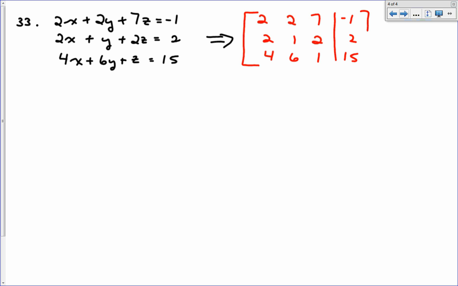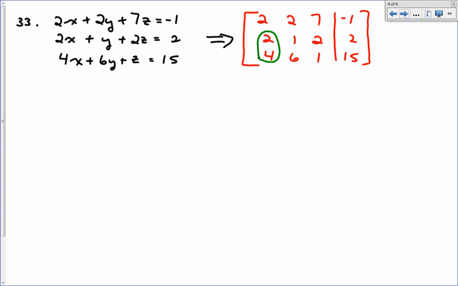Now I have 3 rows, and we work left to right. Looking at the left column, I want that top 2 to become a 1 eventually, and I want the 2 and the 4 to both become 0. So I'm going to do that first.